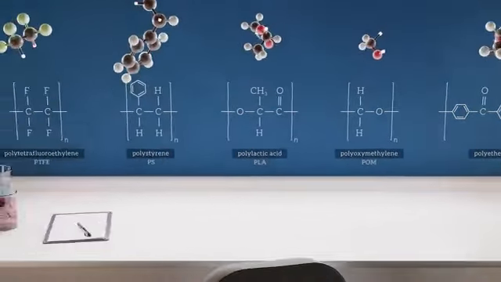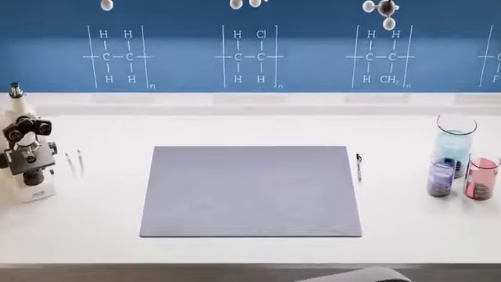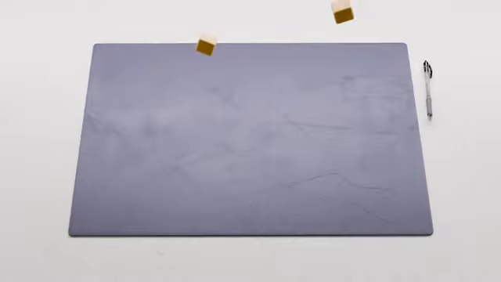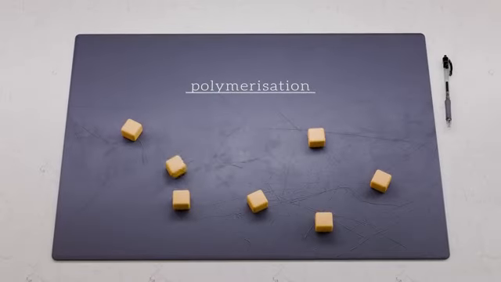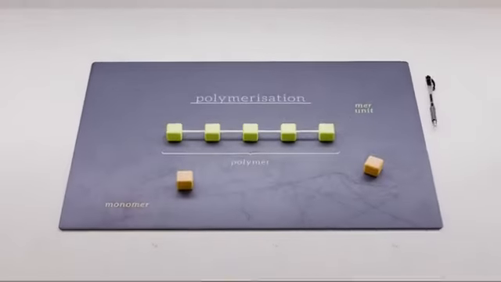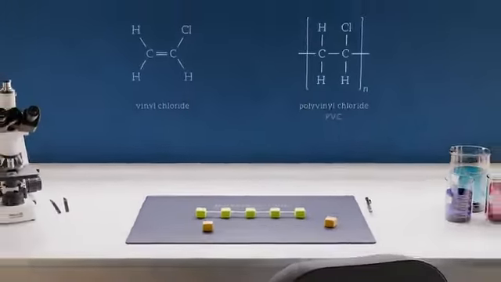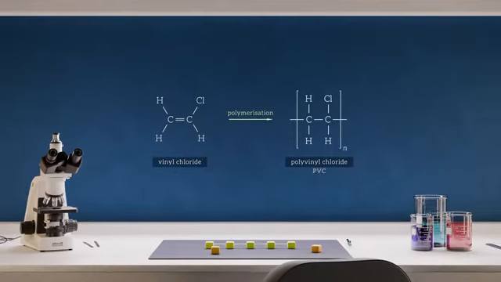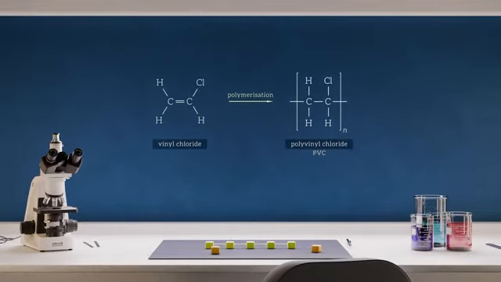The long molecular chains that make up a polymer are formed through a process called polymerization, where precursor molecules called monomers that each consist of a single mer unit are assembled to form polymer chains. PVC, for instance, is produced by polymerization of the gas vinyl chloride. And polyethylene is produced by polymerization of ethylene gas.